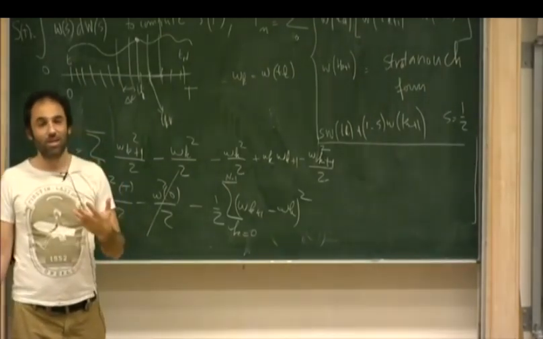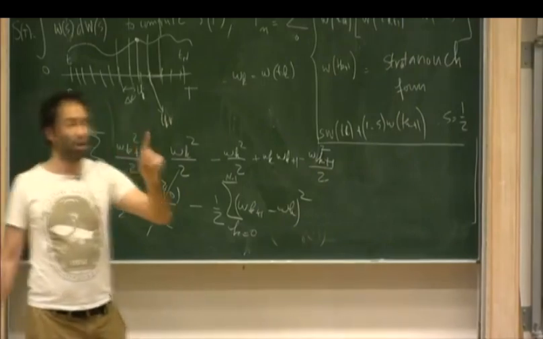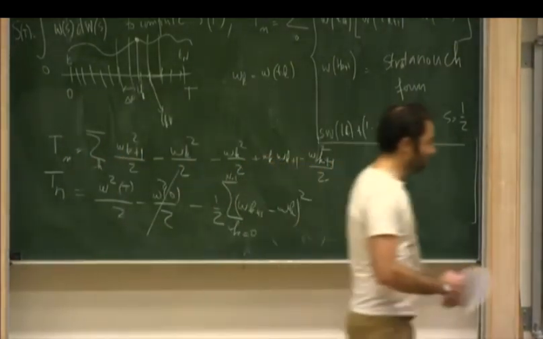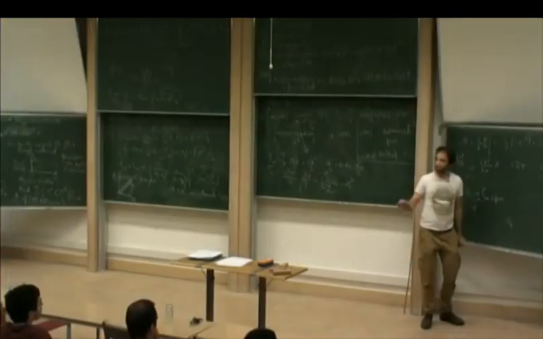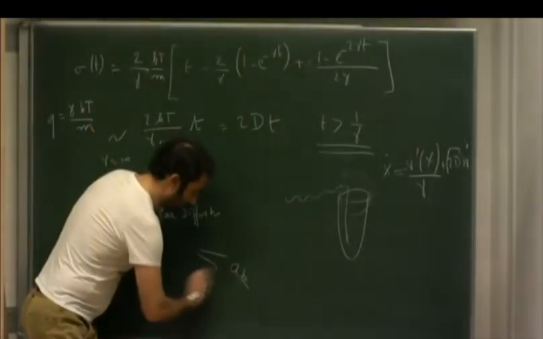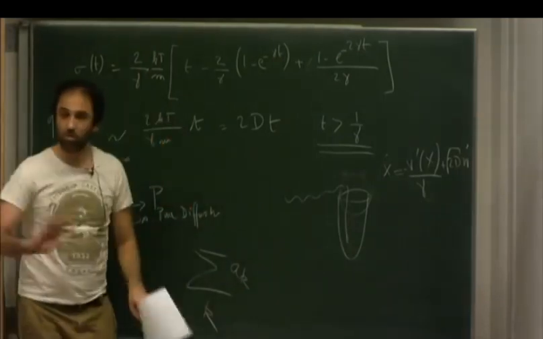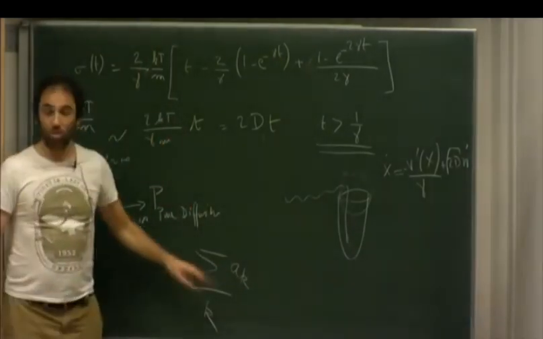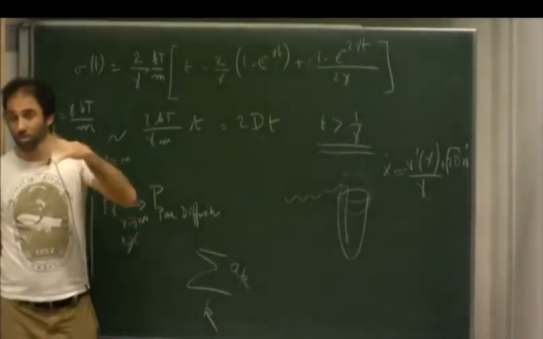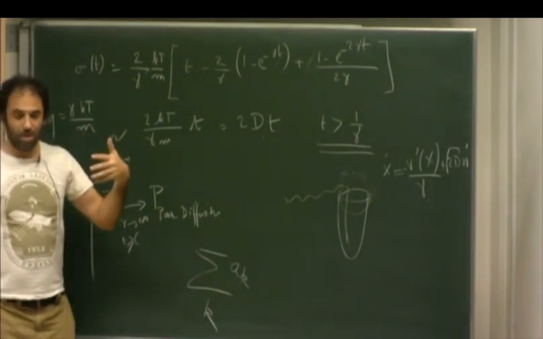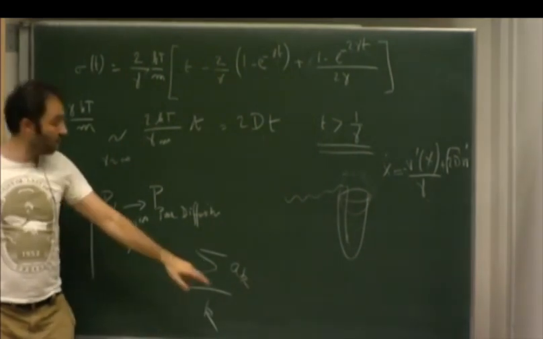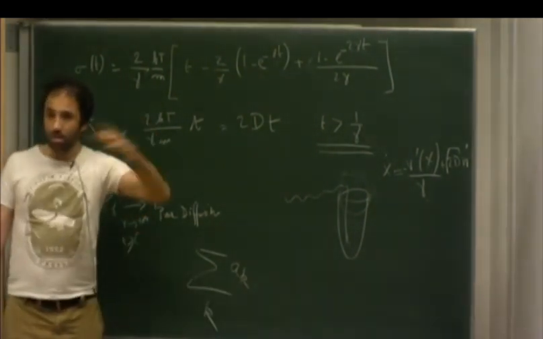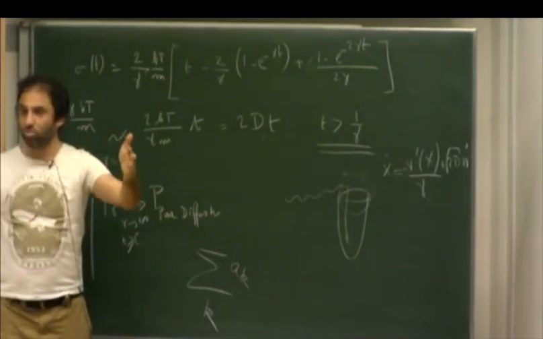When you have a sum of identically distributed random variables, let's go to the basic things. Those are stochastic variables, random variables. Suppose all of them are independent, identically distributed.